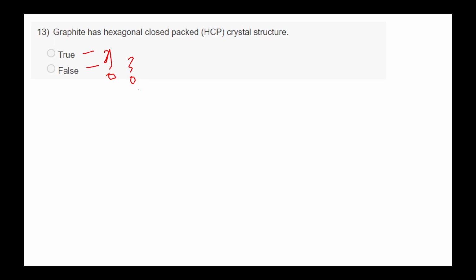Some say true, but it is false. So please be aware. Tell me, what crystal structures do we have in graphite? Two types of what?